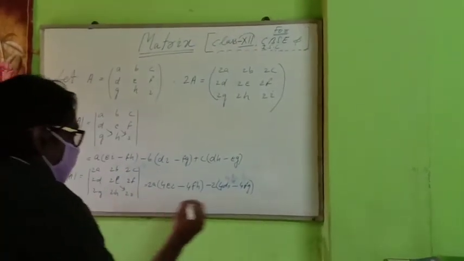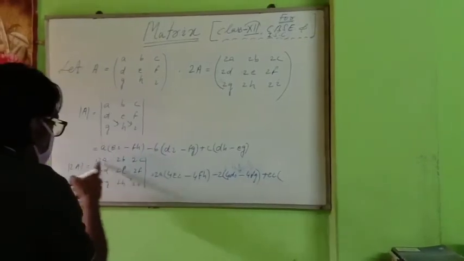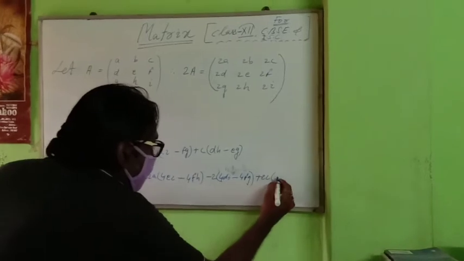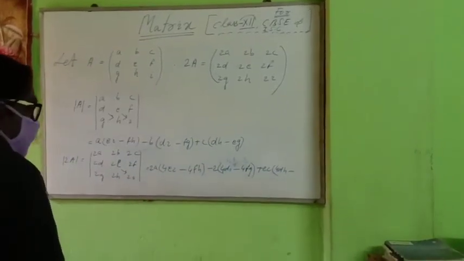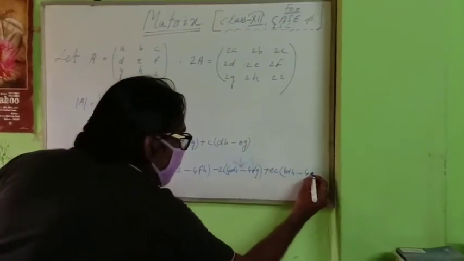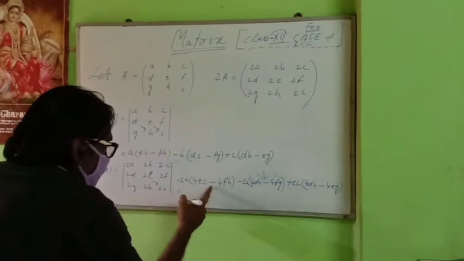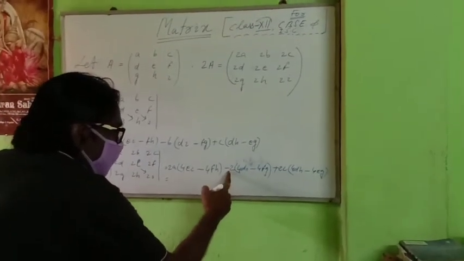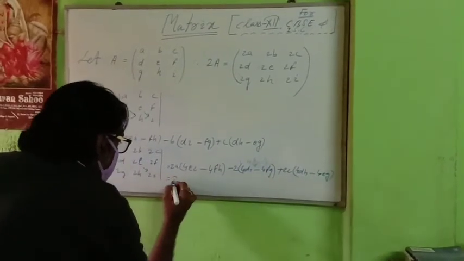Next, plus 2c whole into, omit this row, omit this column, 2d into 2h, 4dh minus 4eg. Now you see, I can take 4 common here, this will be 8, here also 4 can be taken common, 8, and this also 4 can be taken, so 8 outside.